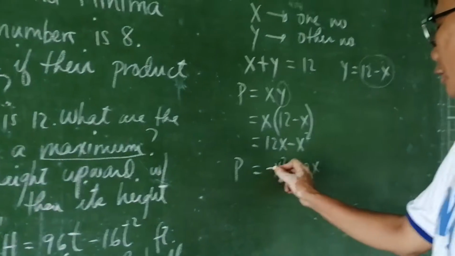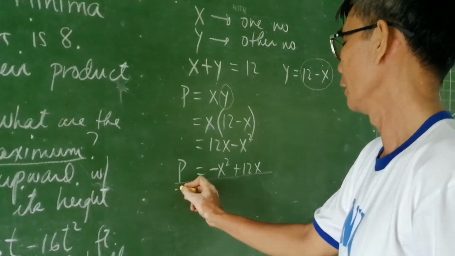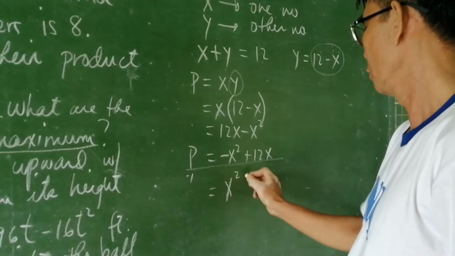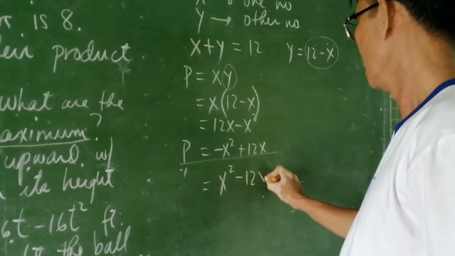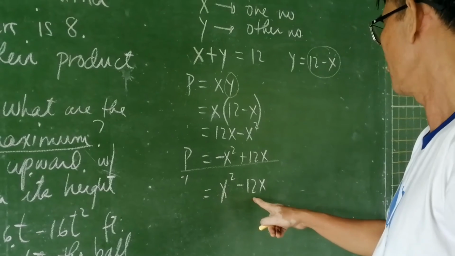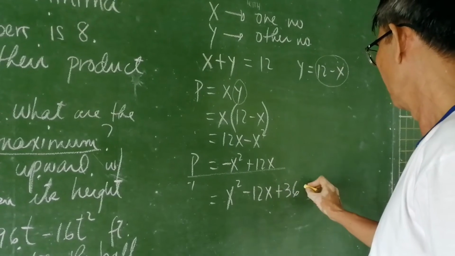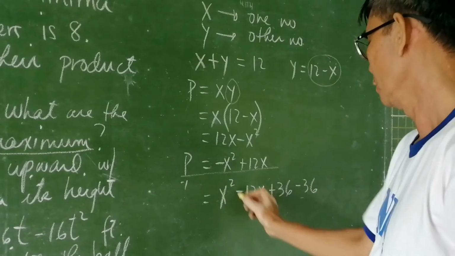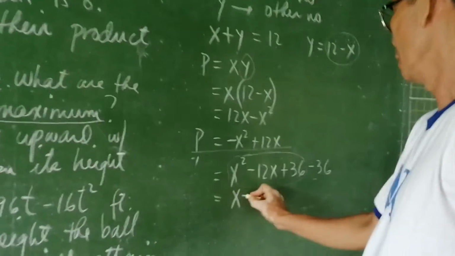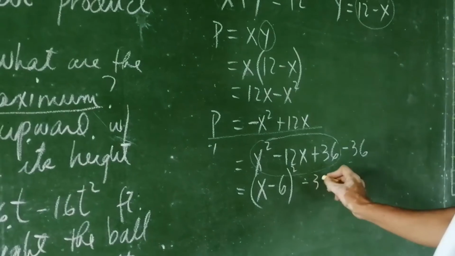Inasmuch as that is negative, we can factor out negative 1. So dividing by negative 1, it will become x squared minus 12x. Now we are going to complete the square, so we divide 12 by 2 is 6 and squared is 36. So minus 36 to balance. So this is a perfect square. We are going to write that in factored form: x minus 6 quantity squared minus 36.